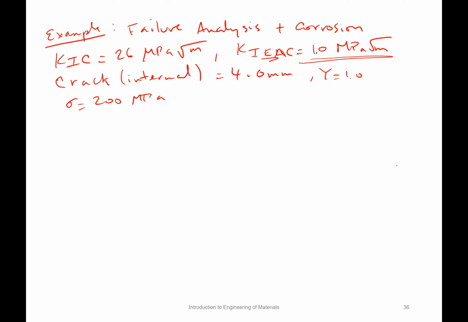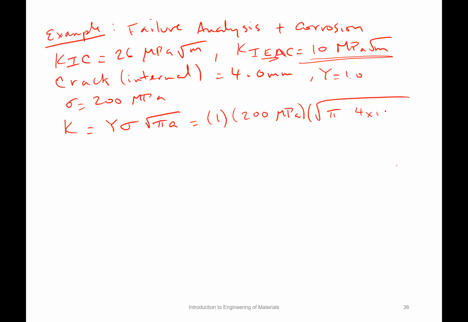So let's look at the protected environment first. We can calculate the stress intensity factor as: geometric factor is 1, applied stress is, let's say, 200 MPa, times the square root of, since it's an internal crack, 4 times 10 to the minus 3 divided by 2 meters.